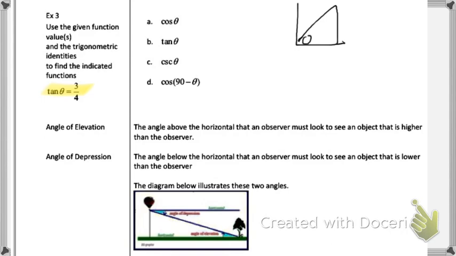I remember from SOHCAHTOA that tangent of theta equals opposite over adjacent. So this side will be the opposite since it's across from theta, and this side will be adjacent.